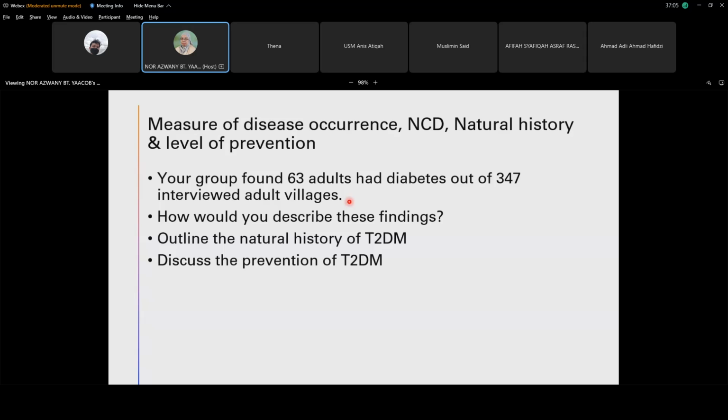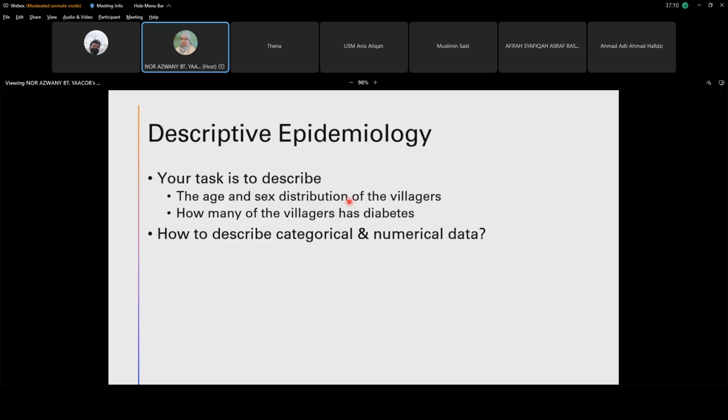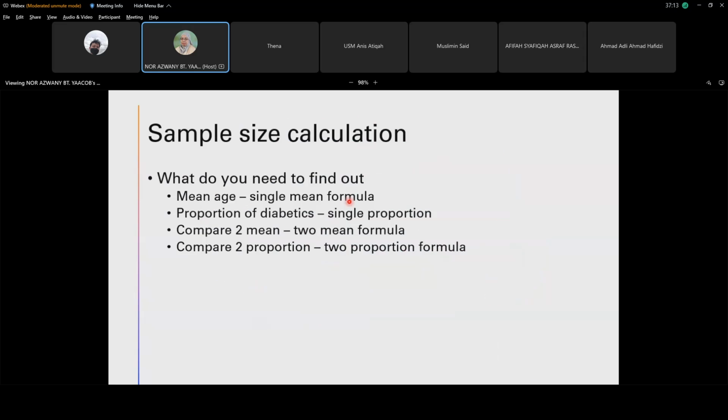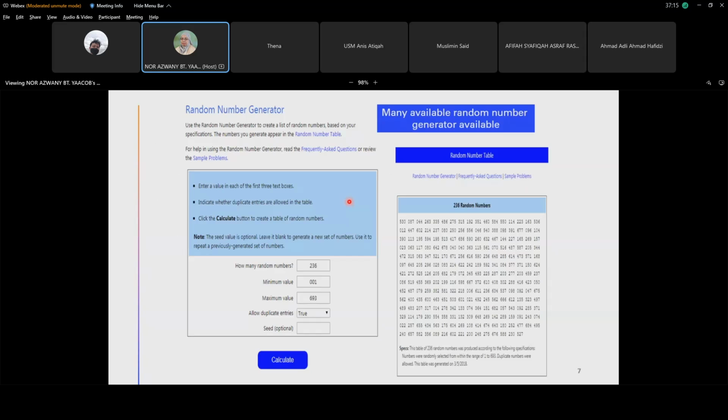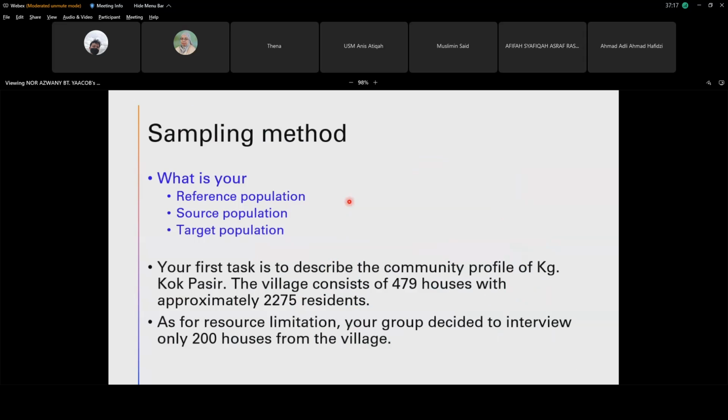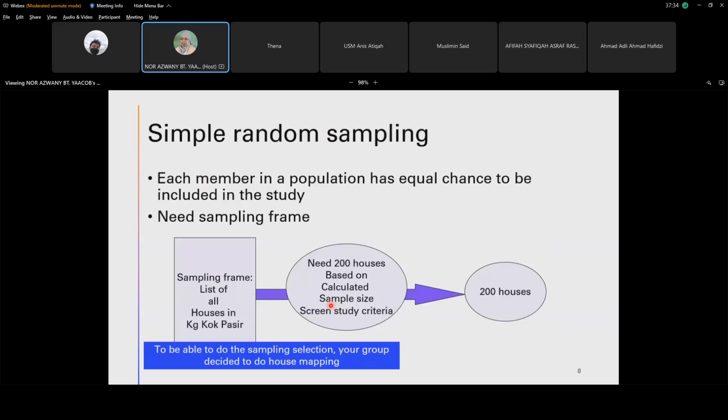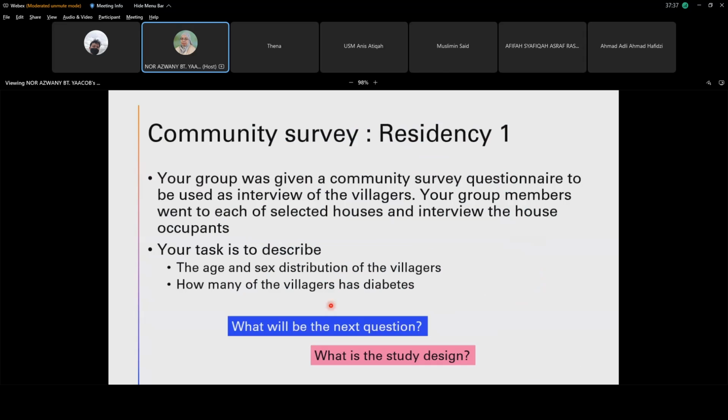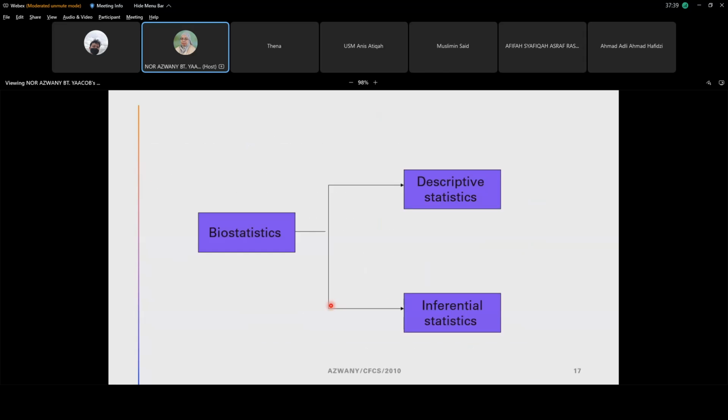But if the scenario we mentioned just now was 2000 plus, then you can say how many diabetic over 2000 plus people, and that becomes prevalence. There will be a guide on the questions whether to answer proportion or prevalence.